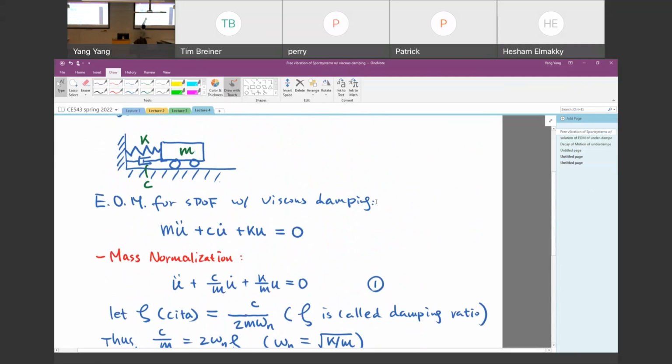So the damping force is proportional to the velocity. But we have another type of damping that is also very common. That is called Coulomb damping.